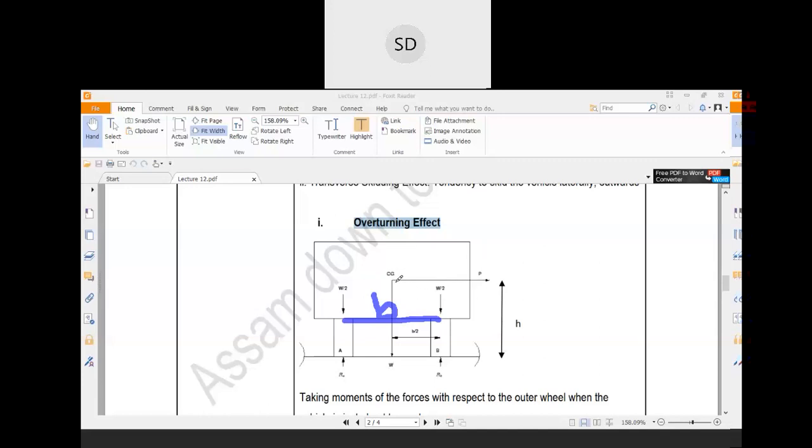Suppose the height of the center of gravity is h.